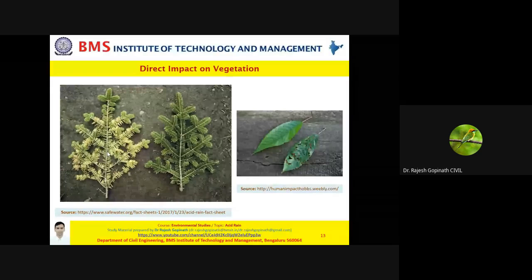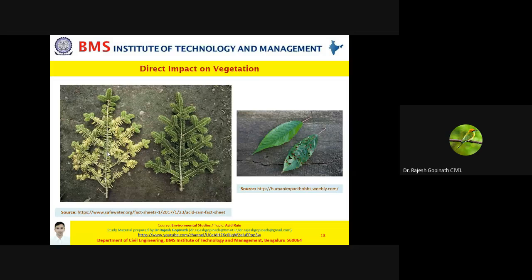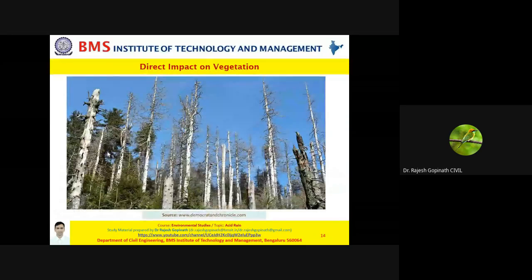And when this chlorophyll has been destroyed, the plants would not be able to engage in photosynthesis. And when the plants would not be able to engage in photosynthesis, automatically the entire tree or the plant would die. Now this is a typical example of how all the leaves have fallen down because of the impact of acid rain, wherein all the chlorophyll has been destroyed.